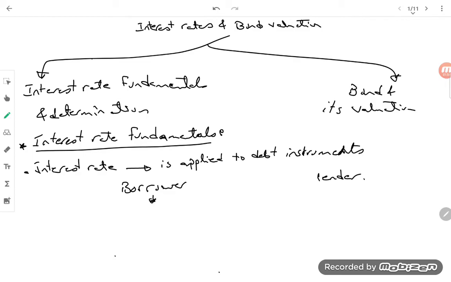From the point of view of the borrowers, it is considered to be the cost of borrowing. And from the point of view of the lenders, it is the compensation paid by the borrower.